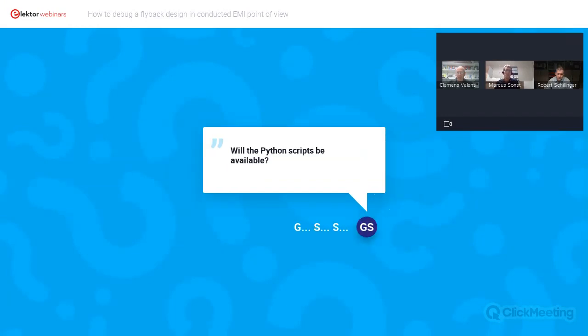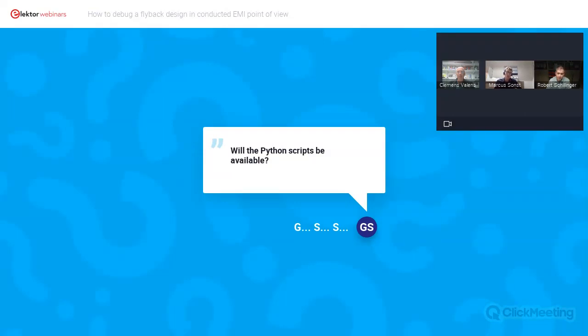Then we go to Python. Will the Python scripts be available? At the moment it's just a prototype, and we are still in discussion. The basic idea is that we implement this Python into the Emi Debug Tool, because at the moment the Emi Debug Tool is only able to use one channel at the same time, and we need to incorporate these Python methods into it.